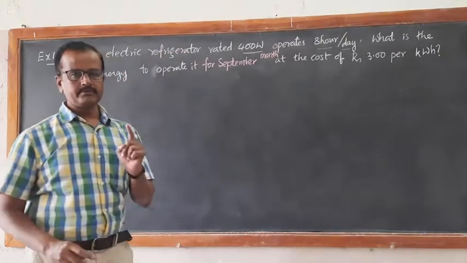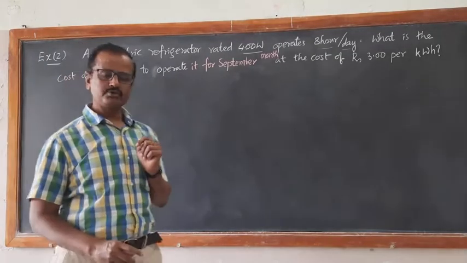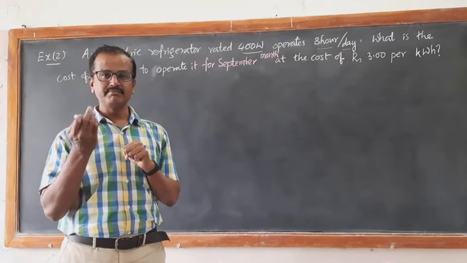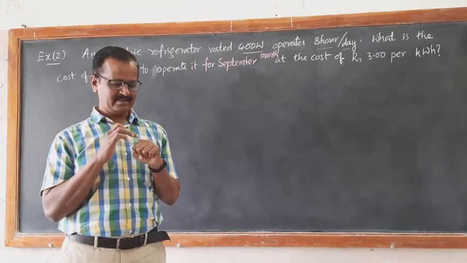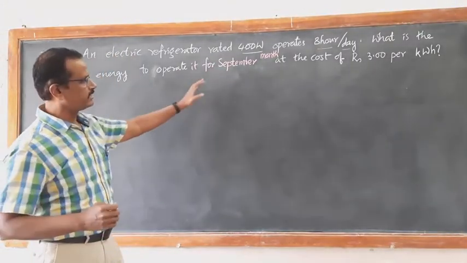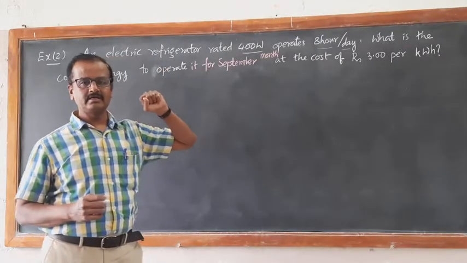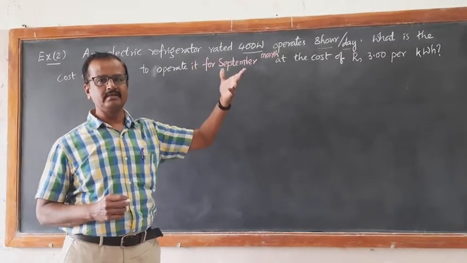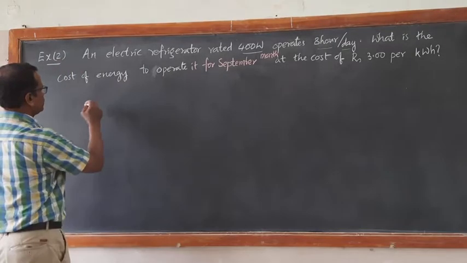Now you see here they have given the month September, which means you should remember how many days are there in September month. A very simple method: January, February, March, April, May, June, July, August, September. So September has 30 days. So you have to calculate for 30 days how many kilowatt hours are utilized, and per kilowatt hour 3 rupees is fixed. So what is the bill? What is the total amount? So you can just calculate.